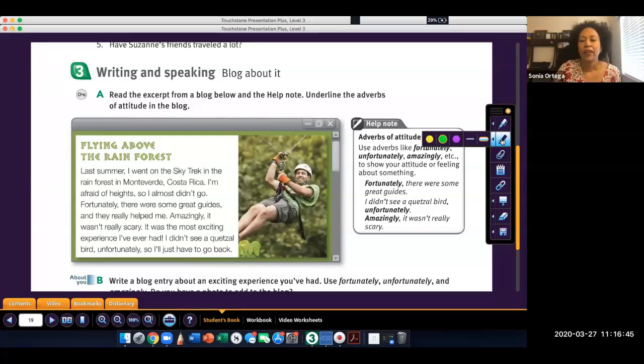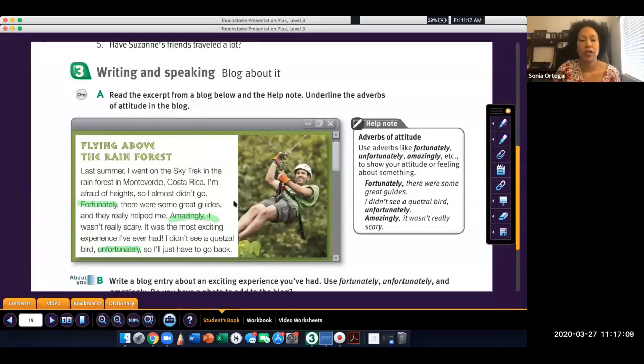Okay, so the adverbs of attitude in this blog, fortunately, amazingly, and unfortunately. So this box on the right explains these adverbs of attitude, and they show how you feel about something.